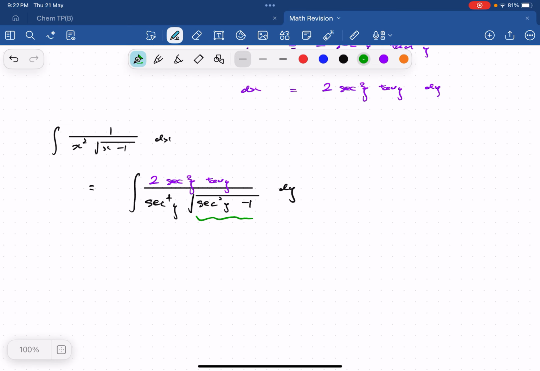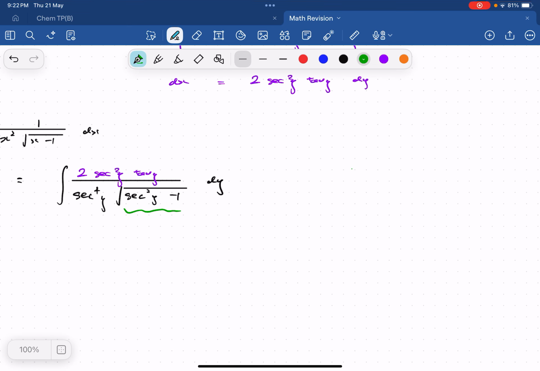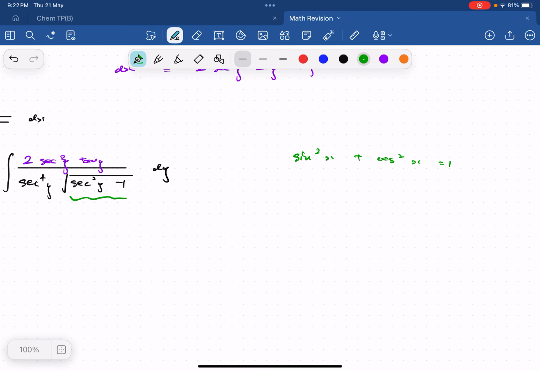If you recall your simple Pythagorean identity, a very basic one that you learned in Sec 3, sine squared x plus cos squared x equals 1, right? Now, notice what happens when I divide across by sine squared x.